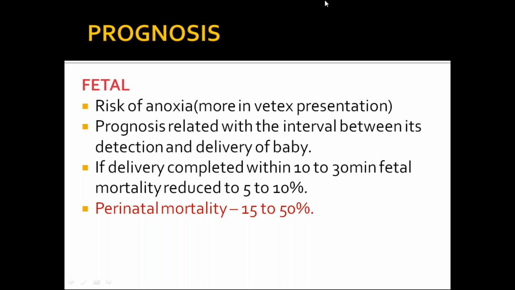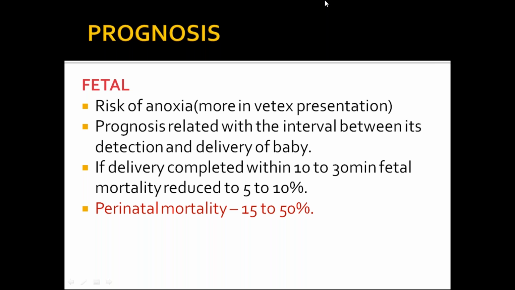If it takes a long time to deliver the baby, the ideal time is 10 to 30 minutes. Whenever you find a cord prolapse, if you can deliver the baby either by cesarean section or by vaginal delivery, the mortality can be reduced to 5 to 10%.